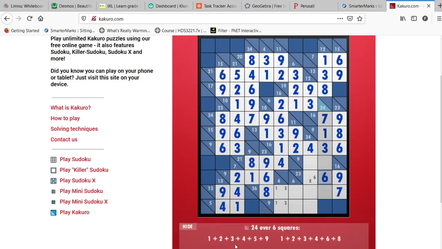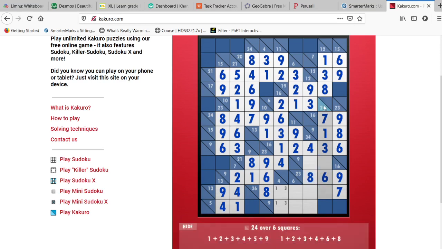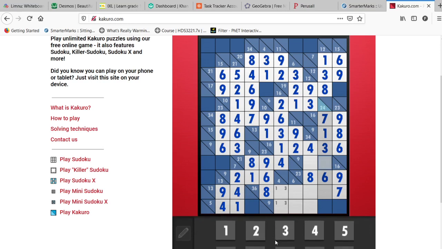So this has to be a 6. This has to be an 8, because 8 was not allowed. So again, if we hit the 24, 2 and 4 are the only numbers that we have left unaccounted for. So we have to have a 2 and a 4 in our sum.